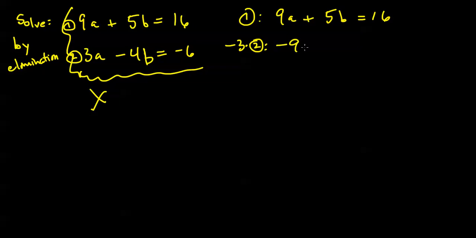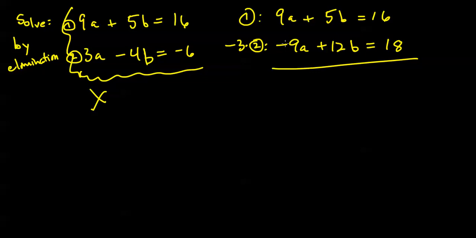I'll get a minus 9a, see what happens? And then minus 4b times minus 3 is plus 12b, equals minus 3 times minus 6 is positive 18. Alright, so by doing a little surgery on the bottom equation, I can rig things so I'll get a cancellation of the a variable.